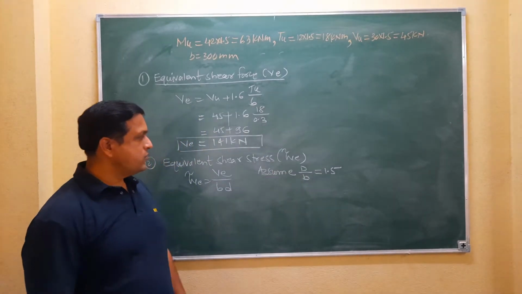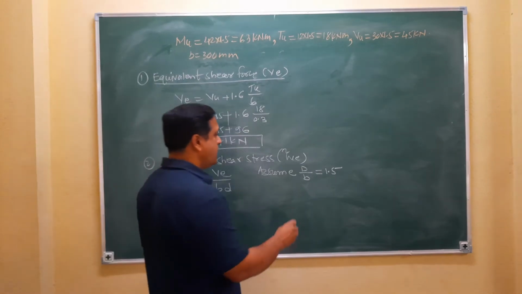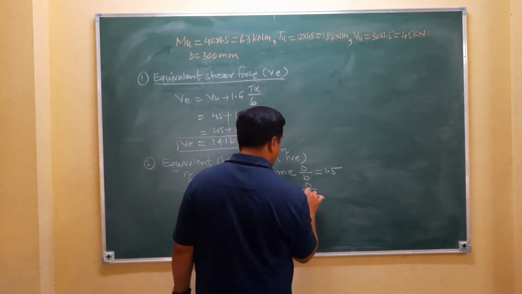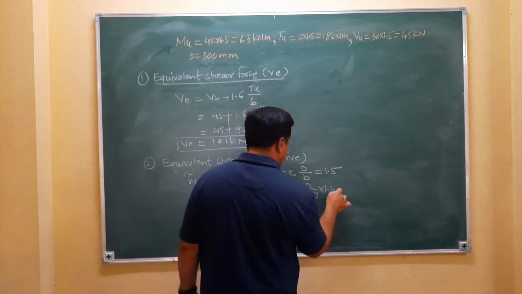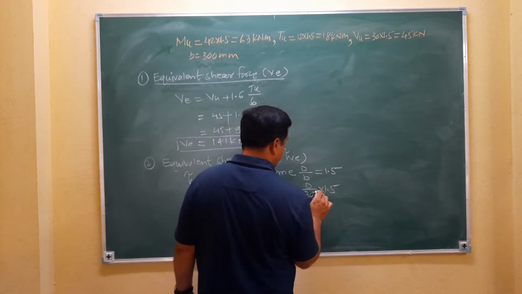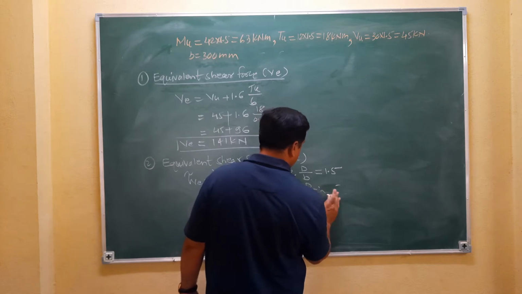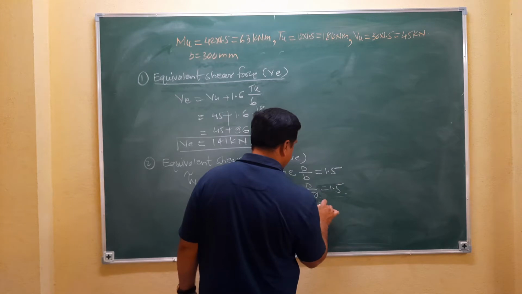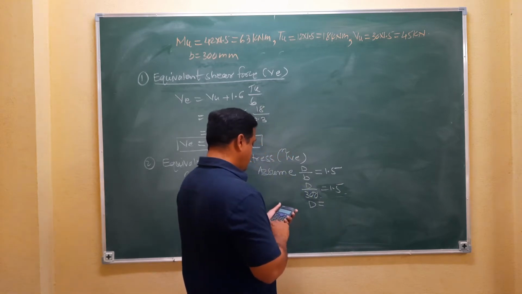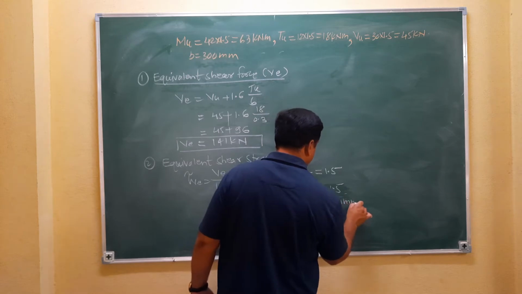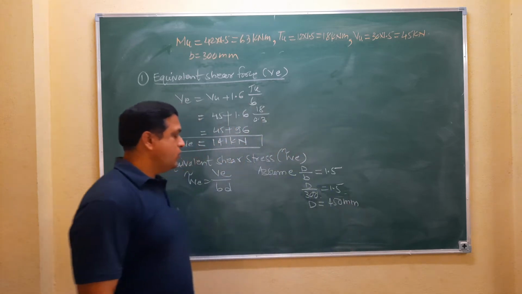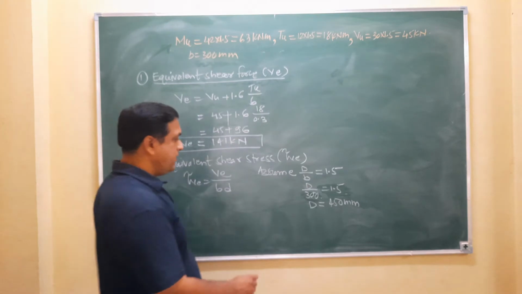We know the width is 300, so depth is 1.5 into 300, it is 450. So the overall depth is 450.